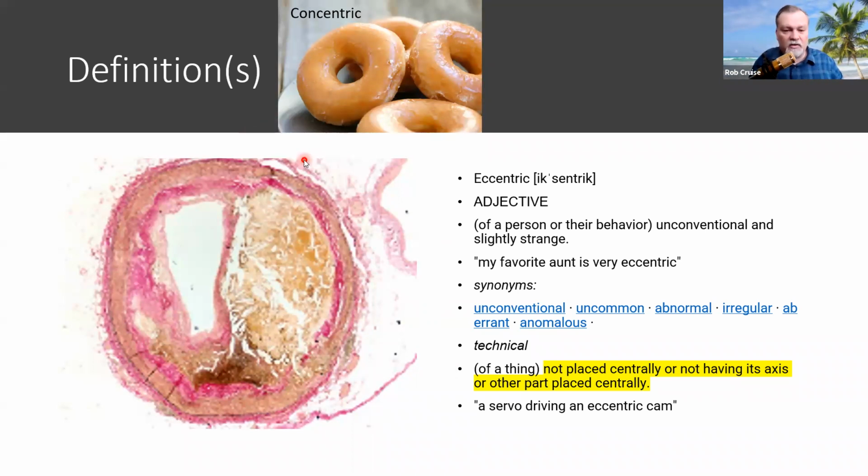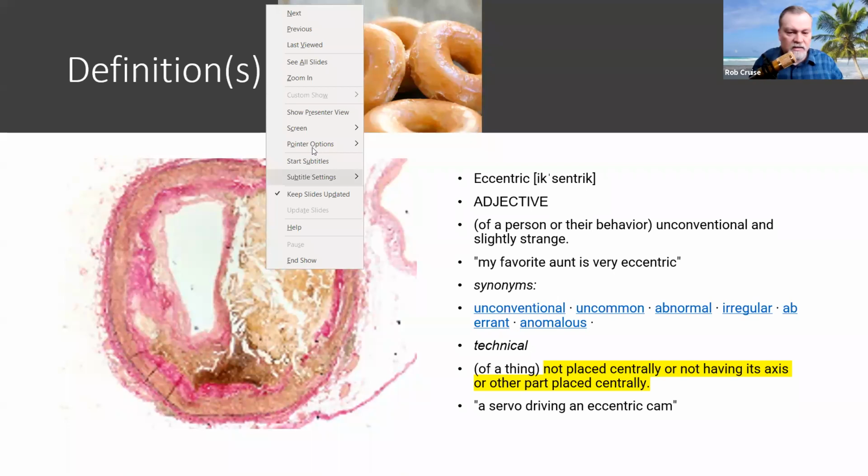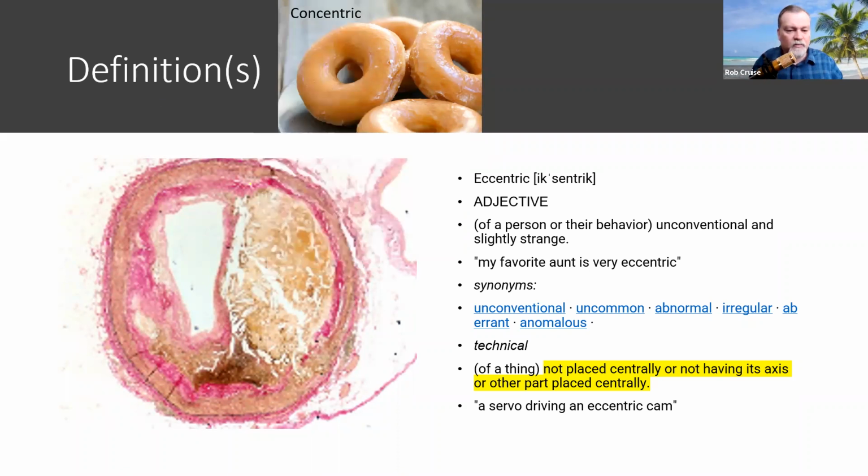So here, let me go over to the pen. All right. So here is the lumen of the vessel. It's obviously not centrally located anymore because we have this eccentric growth of this plaque here.